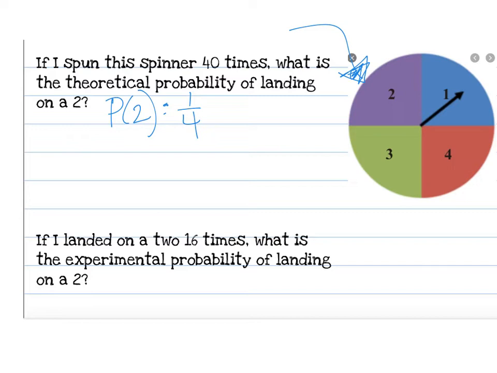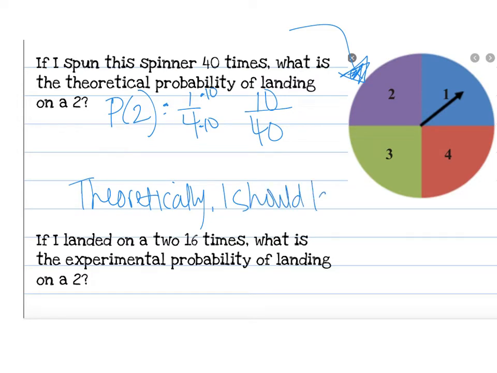It just means that theoretically, 1/4 of the time, I should land on a 2. So if I change 1/4 to 40ths, I can see that I can just multiply it by 10. So theoretically, I should land on a 2 10 times, because that is 1/4 of 40.